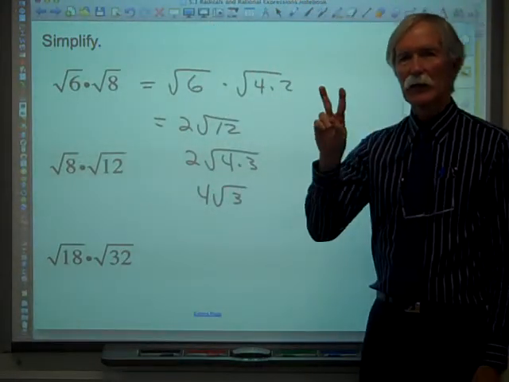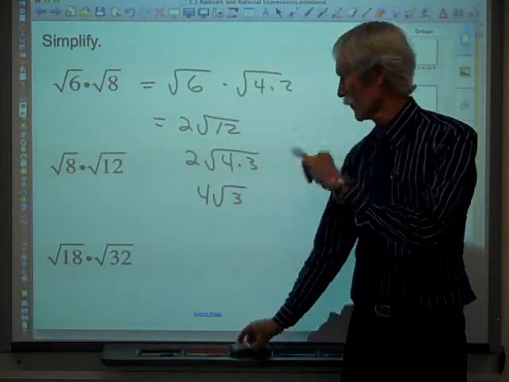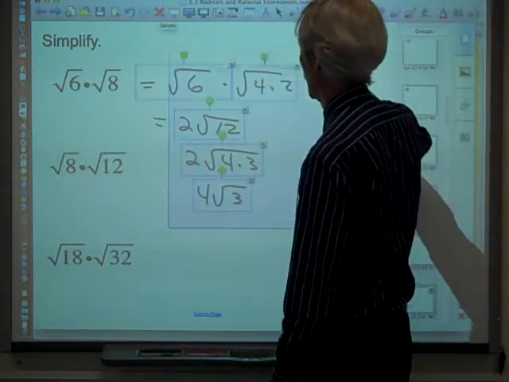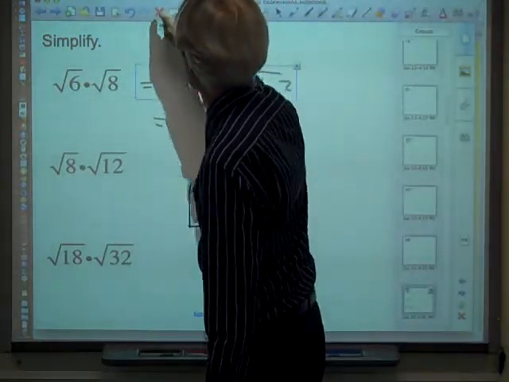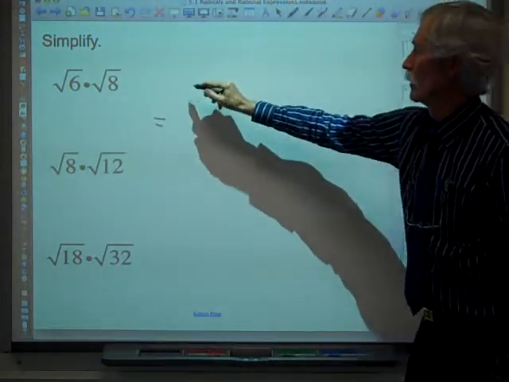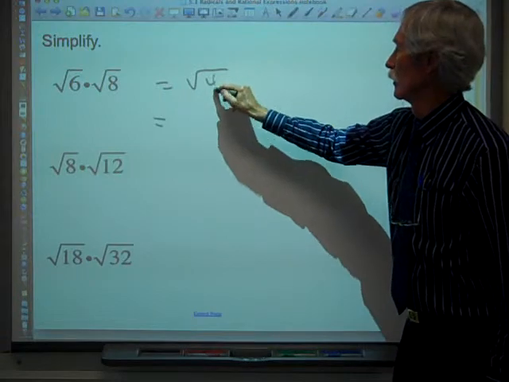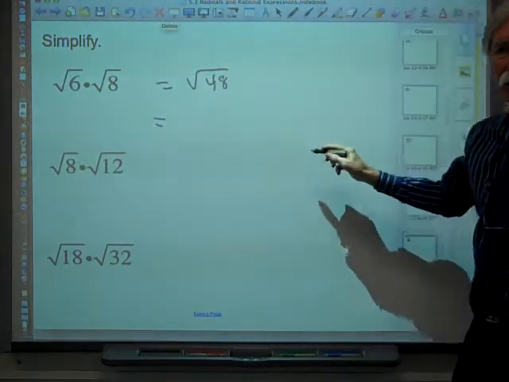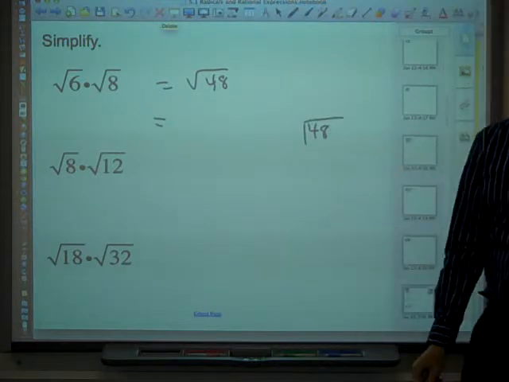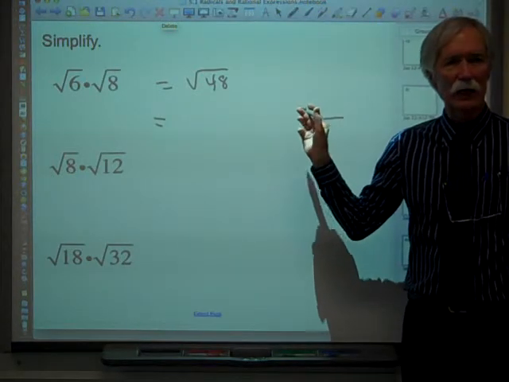The 100% sure way is to go to the square root of 48 and do the prime factorization of 48.